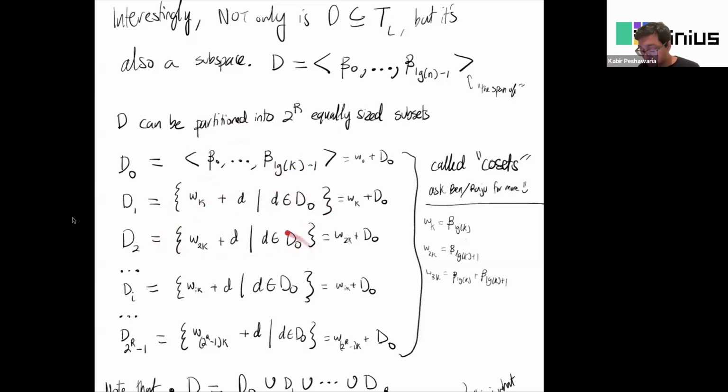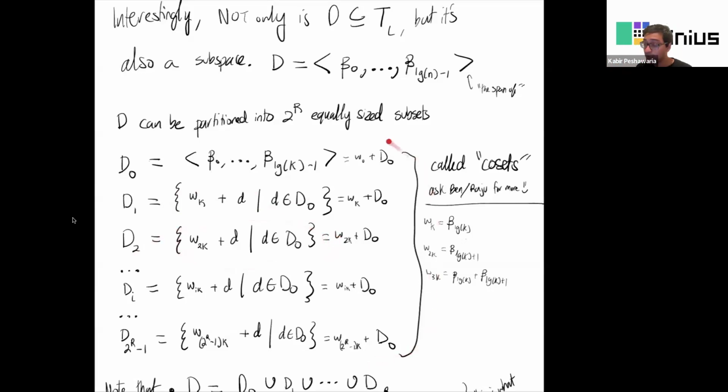In this regime, the bits from index k onwards have to be a specific thing, but the bits before index k are allowed to vary, and that's what this set is.